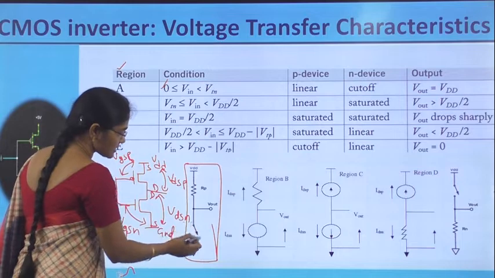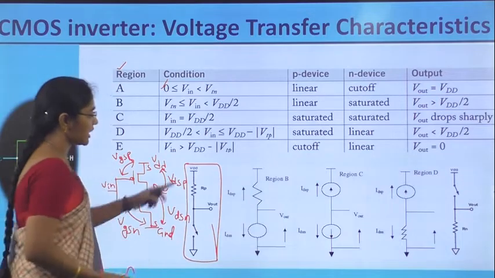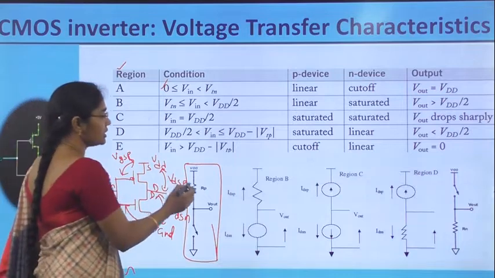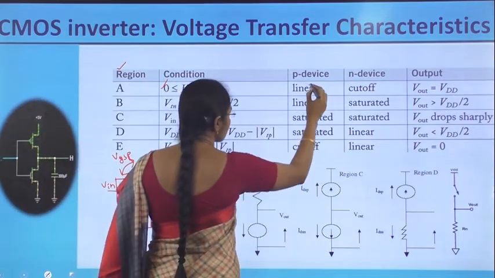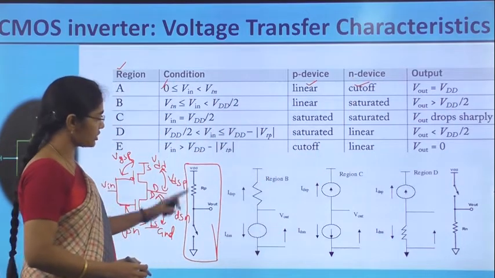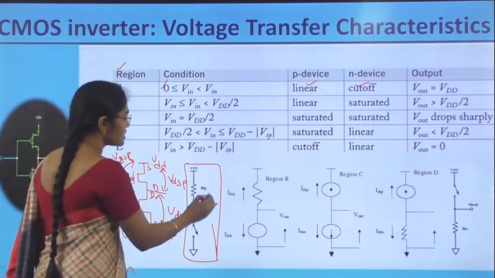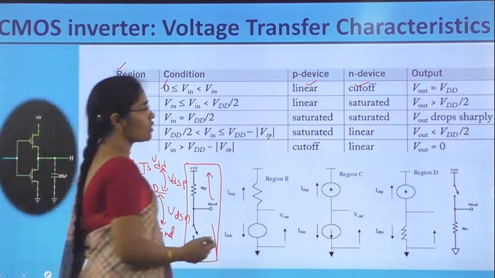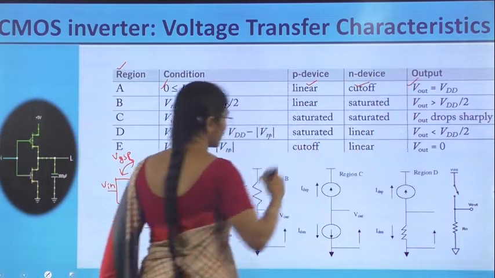Now the NMOS transistor is off, so an open switch, and the PMOS transistor is on, a closed switch. PMOS is in linear mode and NMOS is in cutoff mode. In its equivalent circuit, Vout is equal to VDD since there is no current. So the output is equal to VDD.